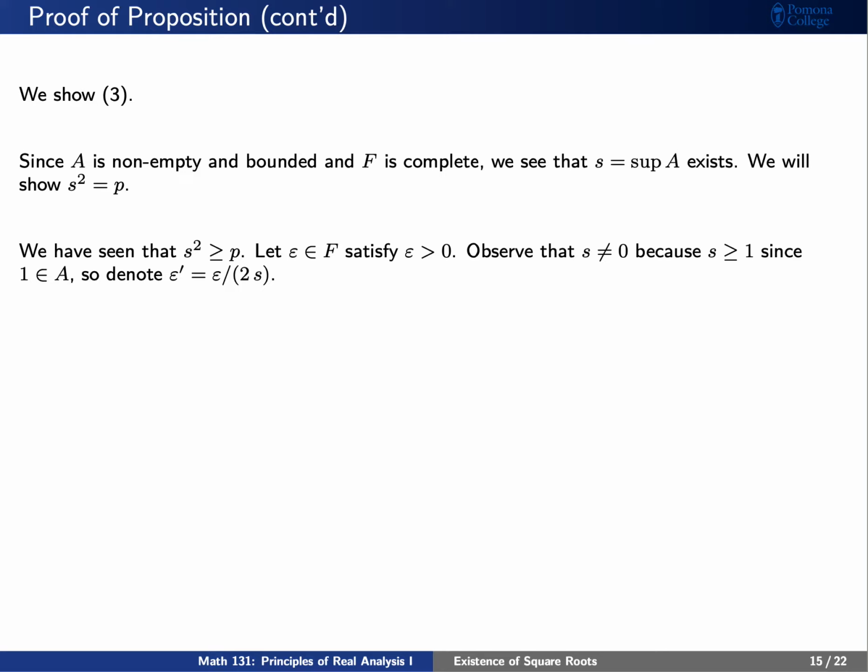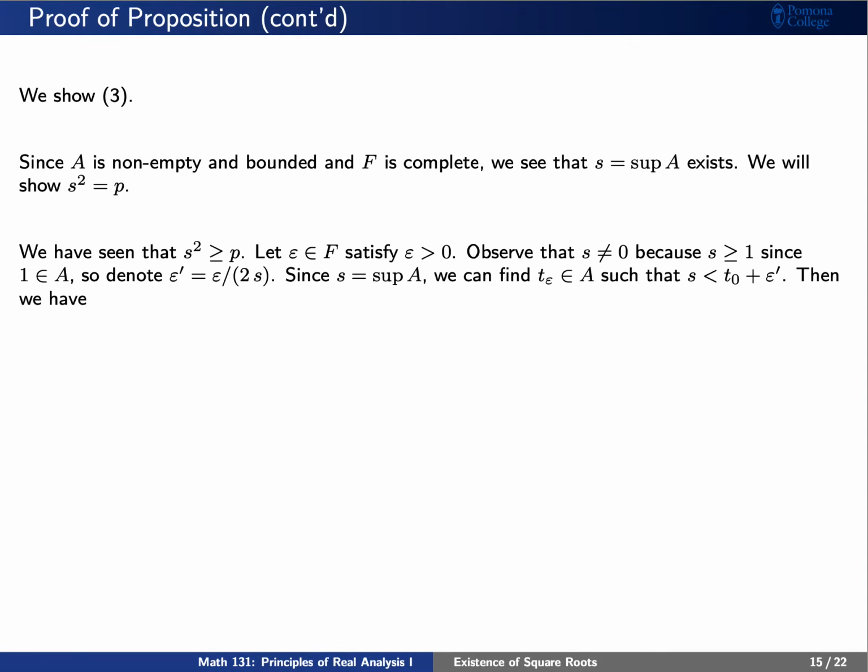Now, let's choose any positive element epsilon. Since s is positive, and we know that 1 is an element of A, we must conclude that s is greater than or equal to 1. Let's denote epsilon prime as epsilon divided by 2s. Once we do this, then we realize that we can find a t sub epsilon such that s is less than t sub epsilon plus epsilon prime.